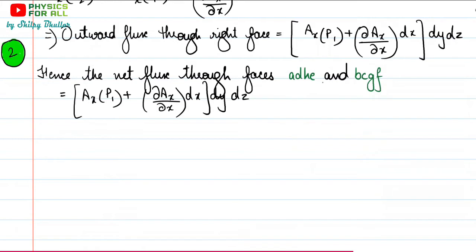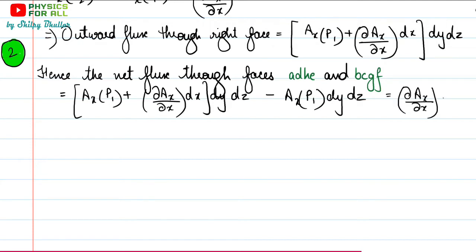So the flux through the face BCGF is basically AXP2 dy dz, which we have written in terms of AXP1, and then the flux through ADHE is AXP1 dy dz. Now this is also AXP1 dy dz, so that will get cancelled and we are left with curly AX upon curly X dx dy dz.